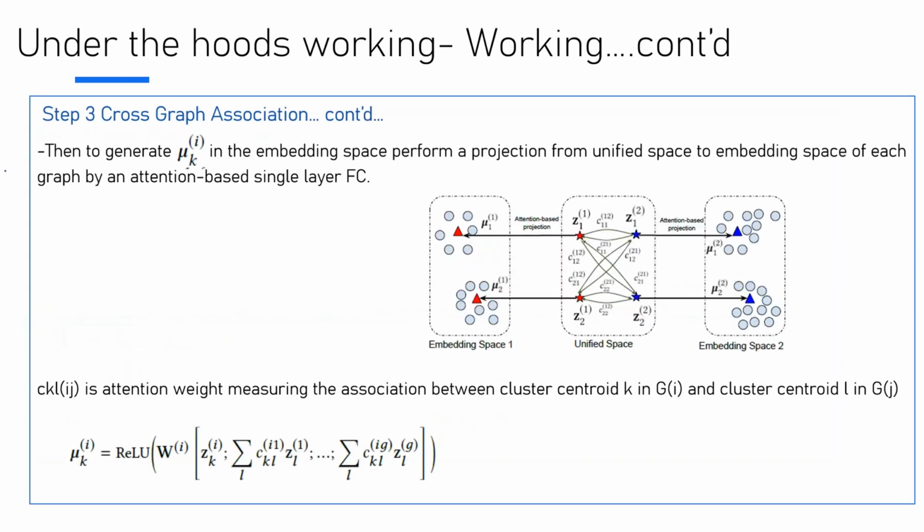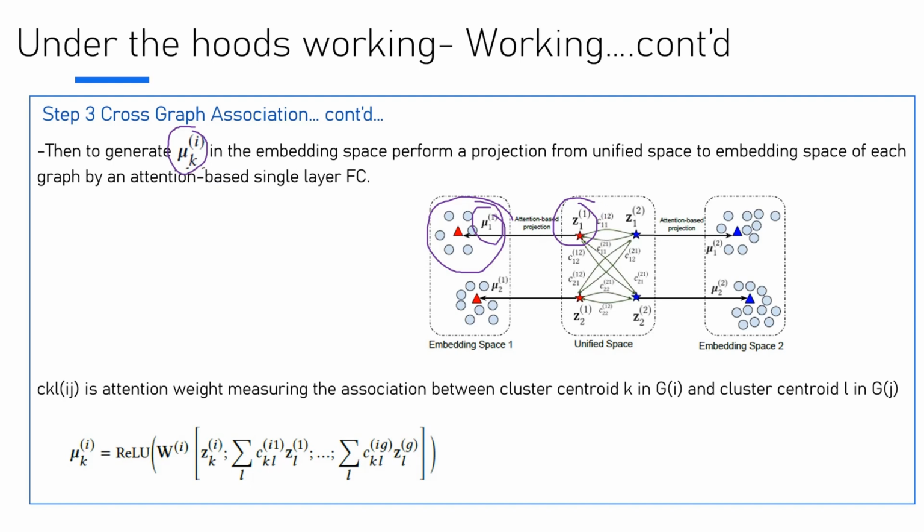Now the question is how do we arrive at mu_k of i. If you look at this diagram closely, let's say we have z_1, which is the centroid defined in the unified space for cluster 1. It so turns out mu_1 of 1 is essentially a projection of z_1.